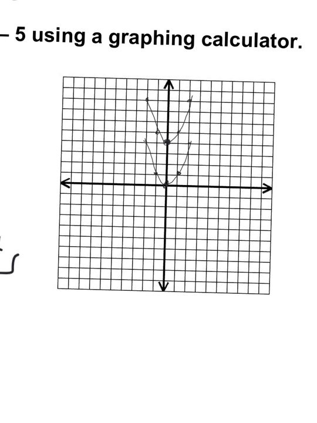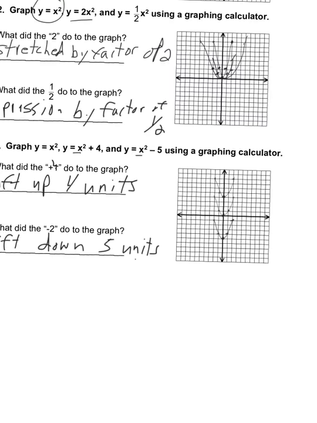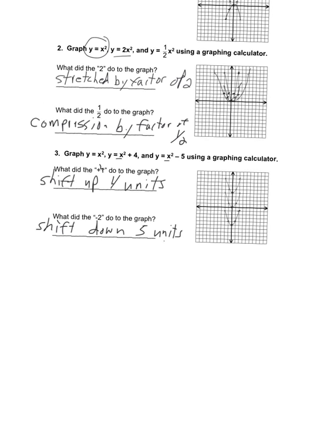It takes the parent and moves it down 5. That's my new vertex, and from there it's the same size as the parent: over 1, up 1, over 2, up 4. So it's just a shift up and down. Anytime it's add or subtract to the end, it is a shift up or down.